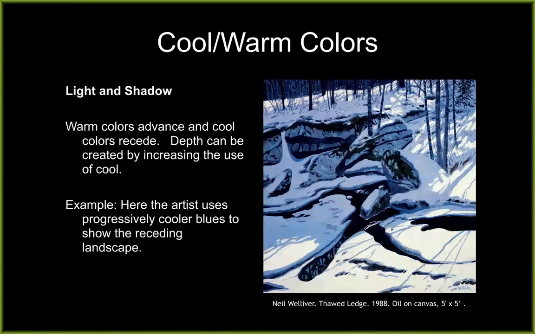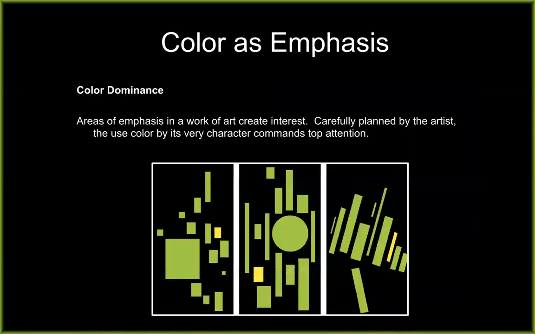Here we have an example of cool colors and how they can create a sense of depth in this landscape picture. So the blues are getting cooler and cooler as they go towards the upper part of this painting, and that gives us a feeling of depth and distance.